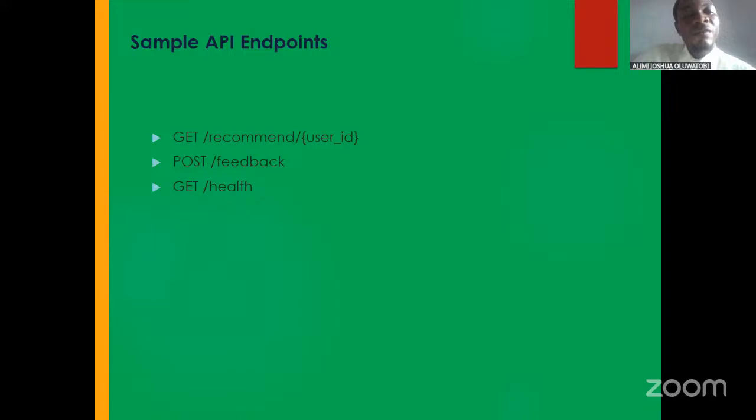And we also have the GET health endpoint. This is like asking, is the system working? Let me use a baby explanation. It's like asking, are you okay? The system replies, yes, I am okay.